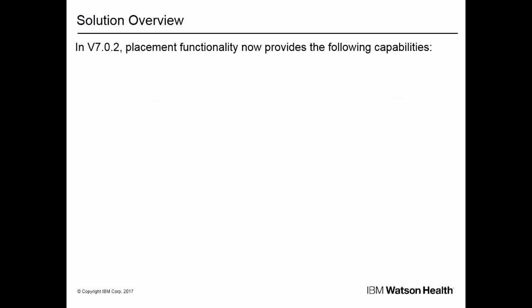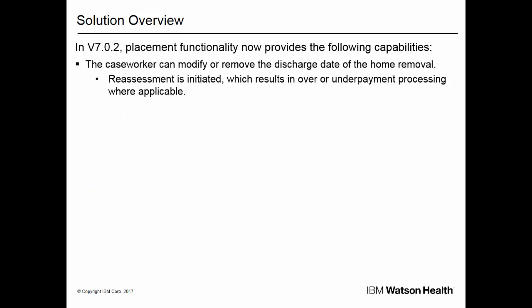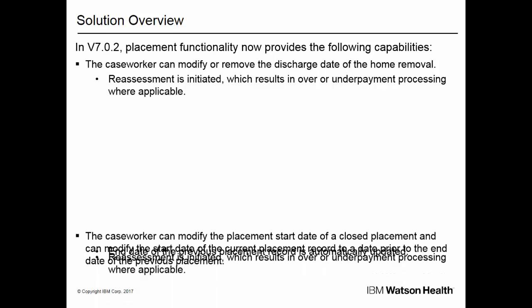In version 702, a solution has been implemented where placement functionality now provides the following capabilities. The caseworker can modify or remove the discharge date of the home removal. When this occurs, reassessment is initiated, which results in over- or underpayment processing where applicable.